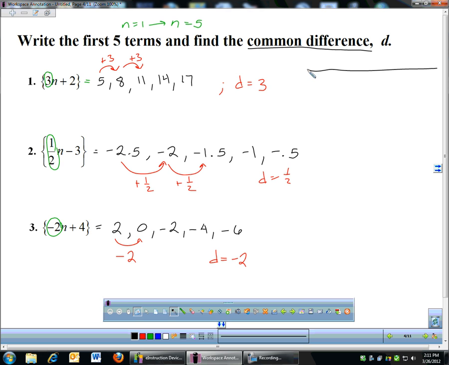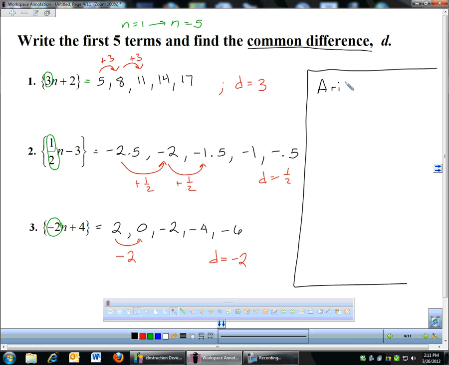I'm going to put a little box over here. An arithmetic sequence value formula resembles slope-intercept form.